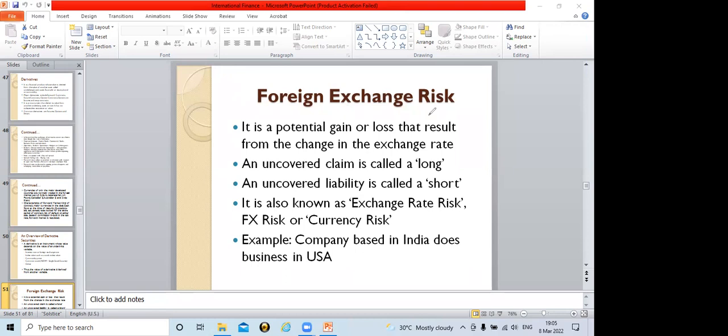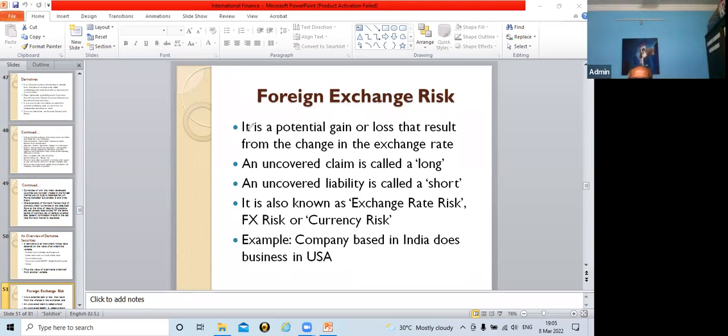Now, the first line of this slide. What is the foreign exchange risk? Exchange means when we exchange our home currency with another country's currency, when we exchange domestic currency with foreign currency.